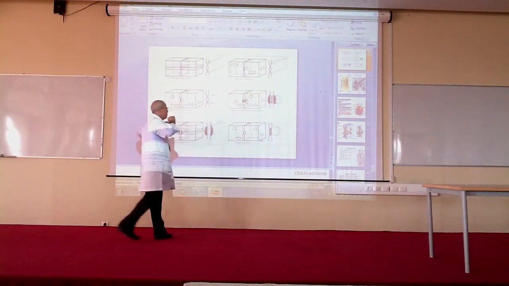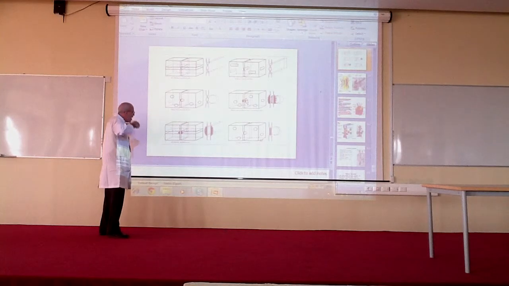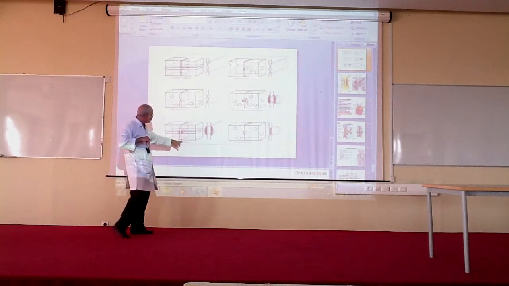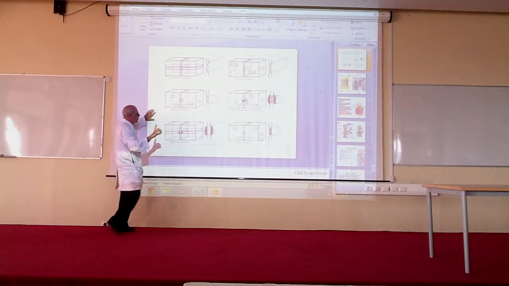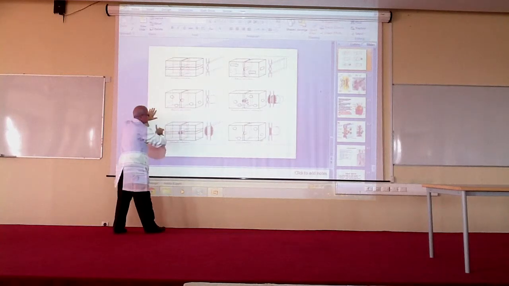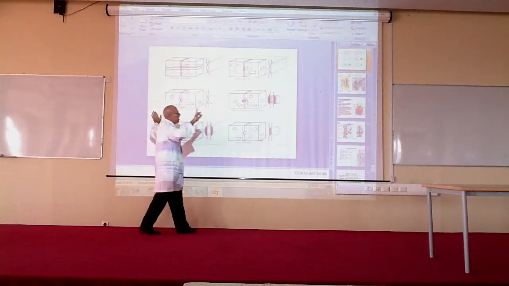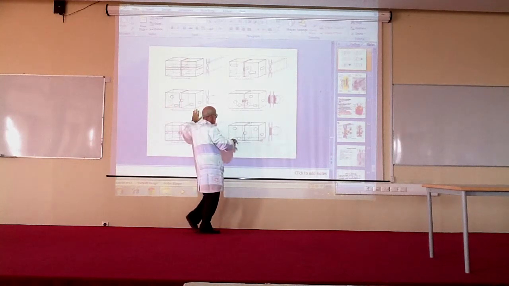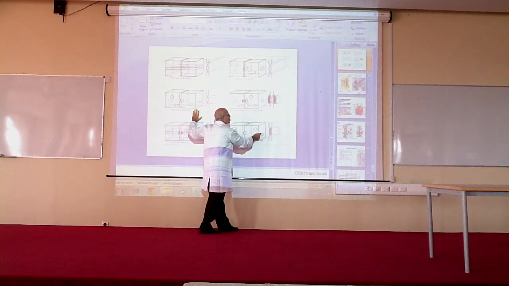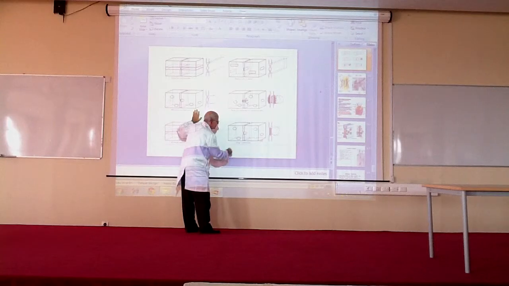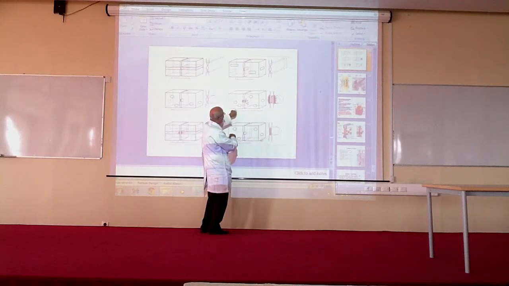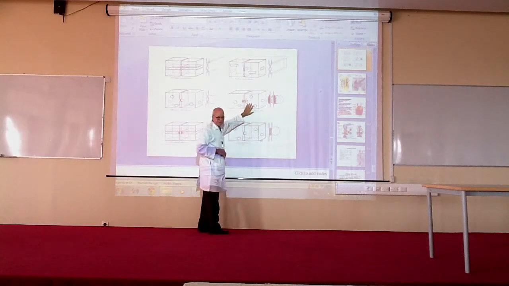In desmosome or adherent junction, where is adherent? Adherent junction is here. If the junction is all around, we call it zonular adherent junction. If the junction is at a spot, a small area, we call it macular adherent junction.